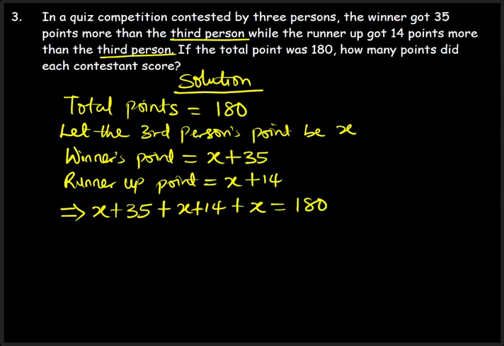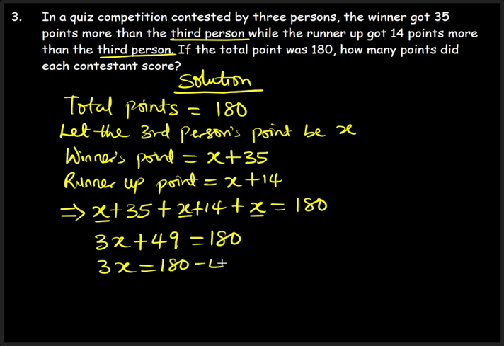If we look at this, we have x plus x plus x, that will give us 3x plus 35 plus 14. That will give us 49 equal to 180. So we have 3x equal to 180 minus 49.